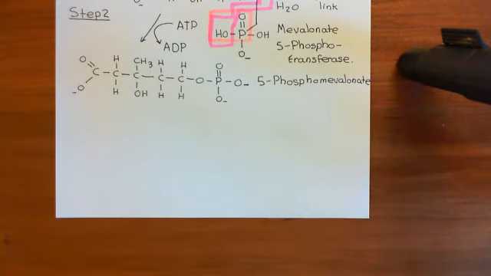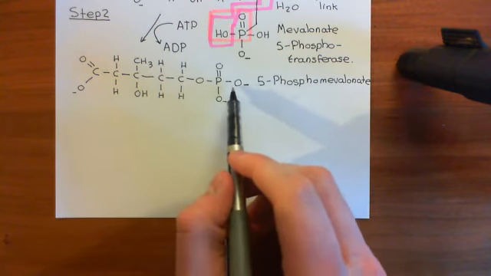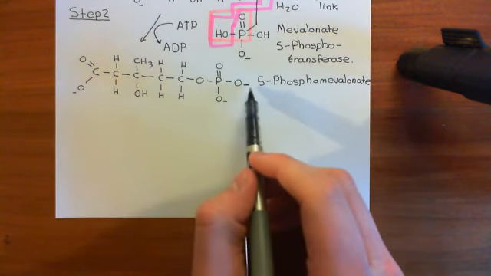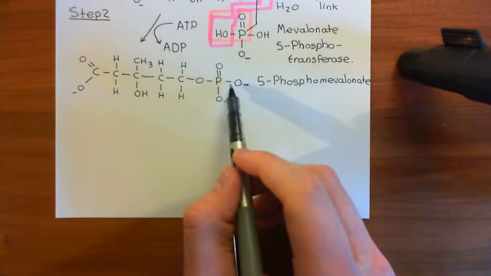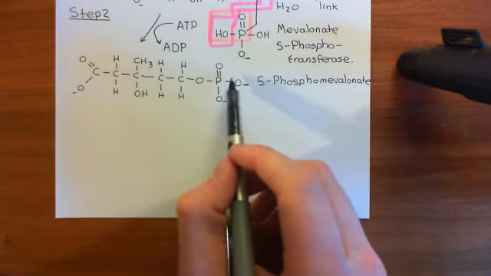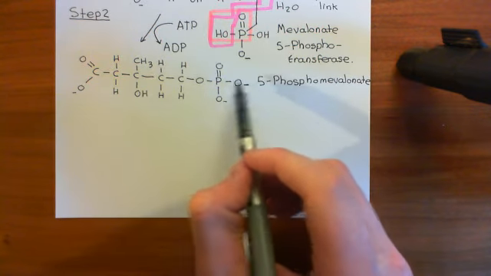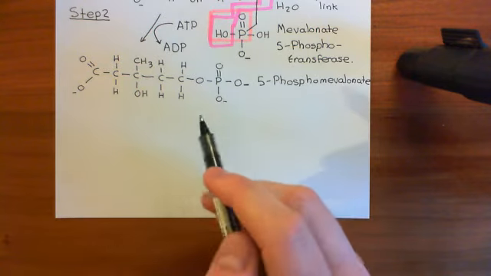The next step is we're going to add another phosphate group onto the 5-phosphomevalonate. We're going to add this onto the phosphate group that we've already got here. So this phosphate group effectively has an alcohol group here. So what we're going to do is take another phosphate group and link that onto the alcohol group of this phosphate group via a phosphoester link.